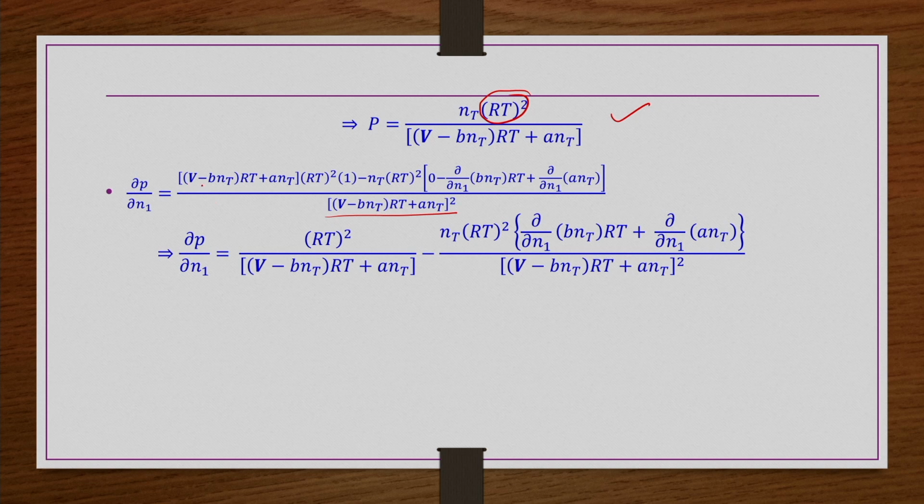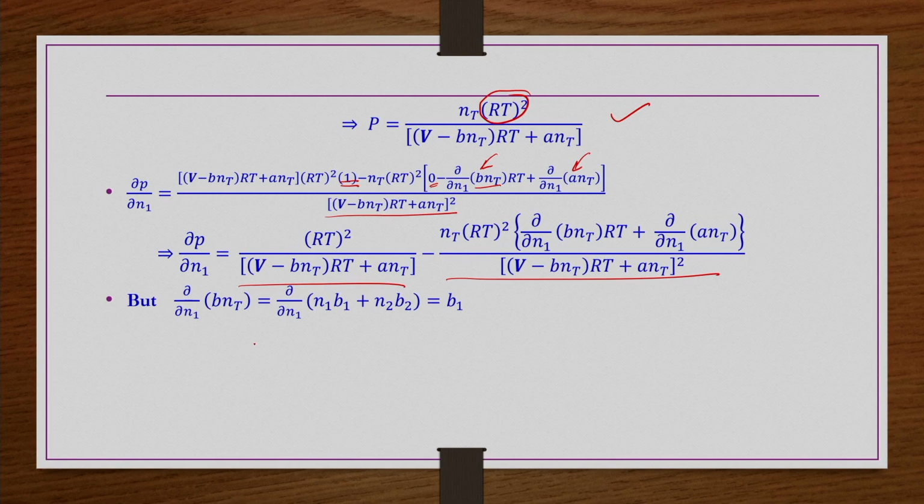Then dou by dou n1 of NT is nothing but 1, and dou by dou n1 of V minus B NT RT plus A NT is nothing but dou by dou n1 of V is 0, and then dou by dou n1 of B NT we do not know, unless we use the mixing rule we cannot find out what B and A are, and dou by dou n1 of A NT we are keeping as it is, because A and B are dependent on the composition. So, we have to use the mixing rule. So, now this differentiation I am writing in two terms like this. Okay.